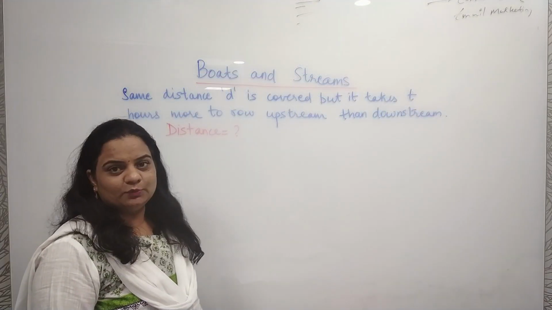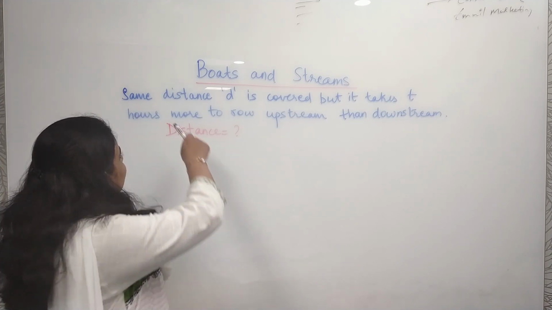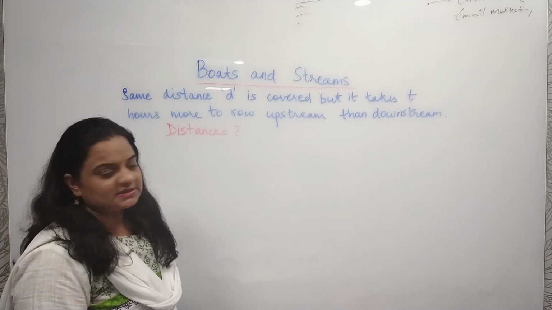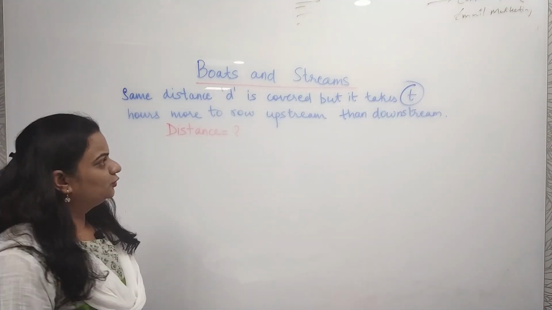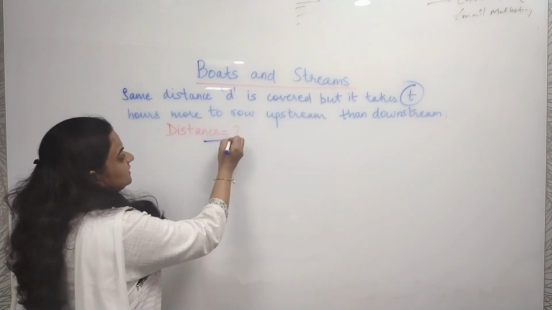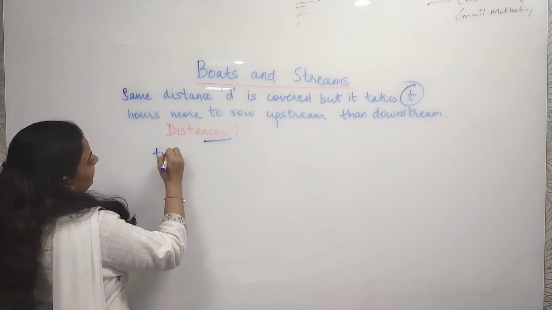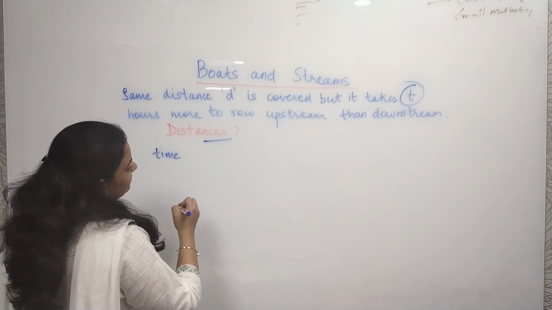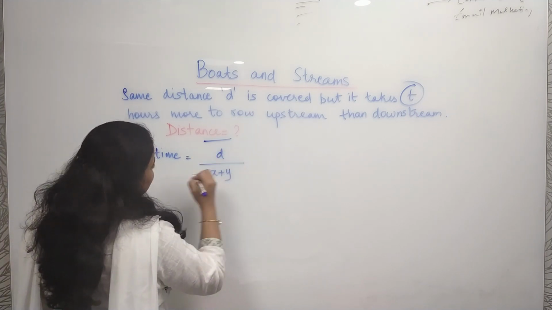The next category will be the distance travelled in the journey. Let us suppose that the same distance d is covered but it takes t hours more to row upstream than downstream. So let us calculate the distance travelled in the journey. We know that the time taken for downstream journey will be distance travelled d upon the downstream speed.